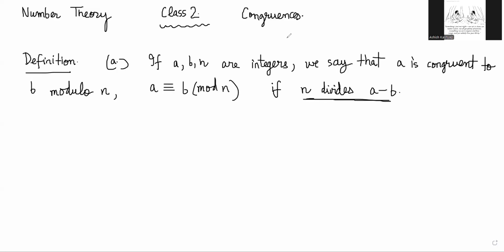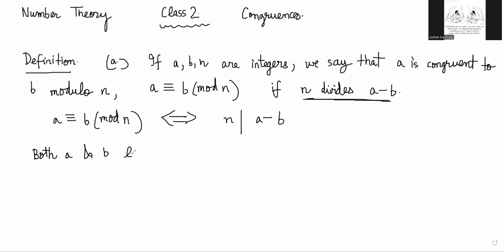So basically the basic idea is that a congruent to b mod n implies n divides a minus b. What this means is that both a and b leave the same remainder when divided by n.